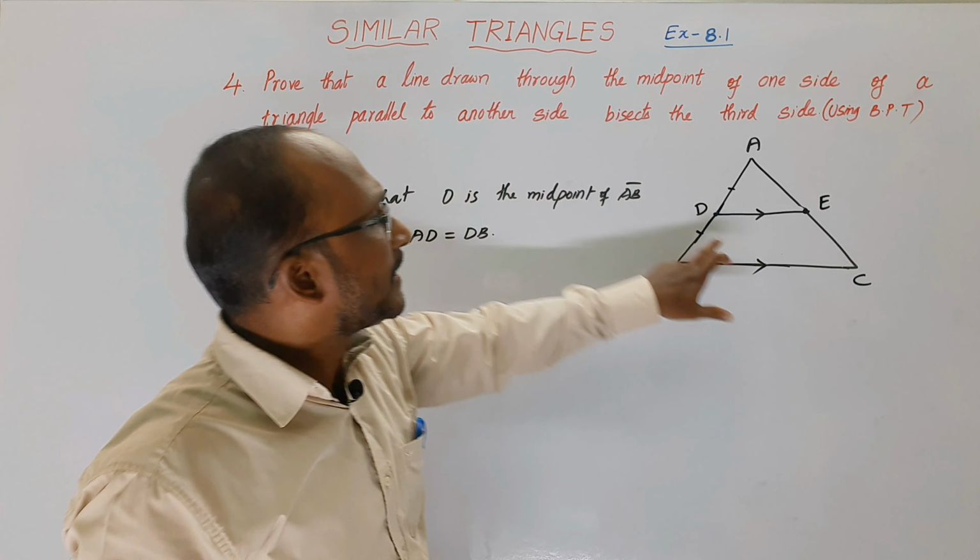Now, let us write the given information in the statement. That is, in triangle ABC, DE is parallel to BC, which intersects the sides AB and AC at D and E respectively. RTP, required to prove, that is, AD by DB is equal to AE by EC. Students, sometimes the information given in the statement may not be sufficient for us to prove the conclusion.